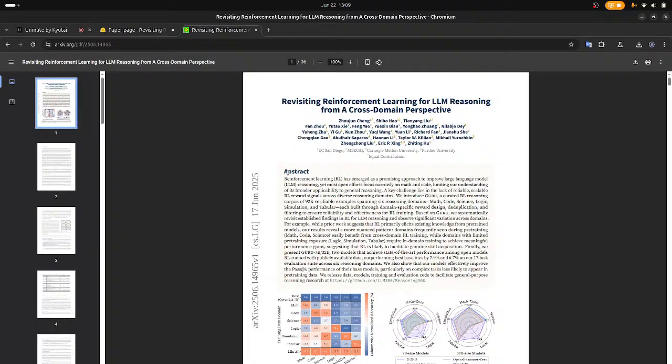So when you train on something that is new, that you have not seen in the training data, then you are learning cross domain to reason.